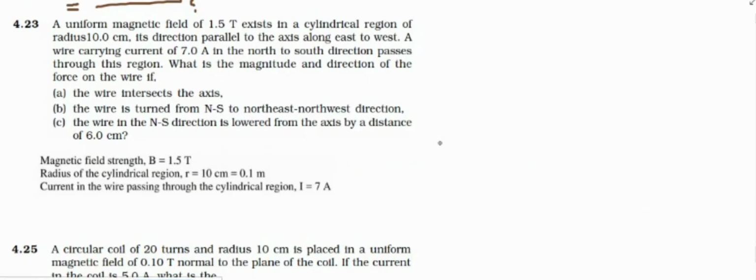What is the magnitude and direction of the force on the wire if three cases are given there? So first of all, let's see a diagram. The cylindrical region having the magnetic field is in the east to west direction. So just draw it like this, the east to west direction.